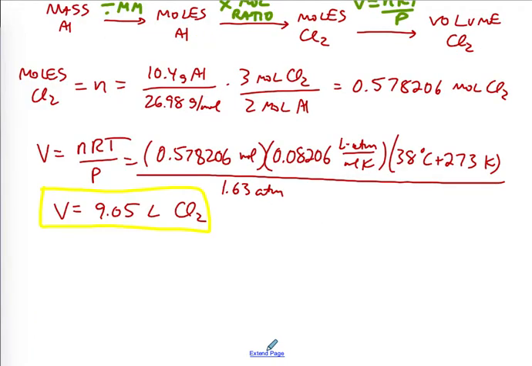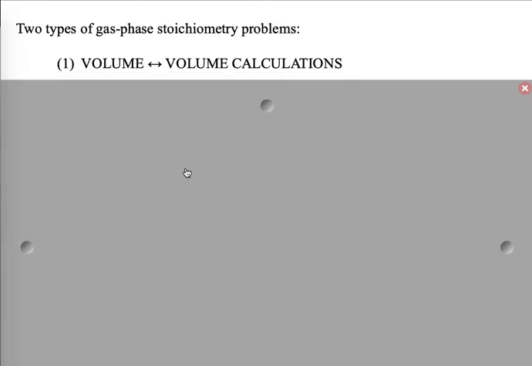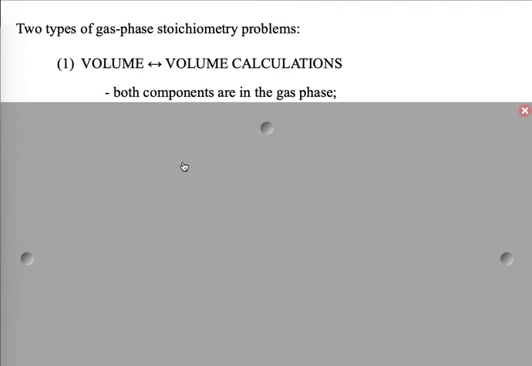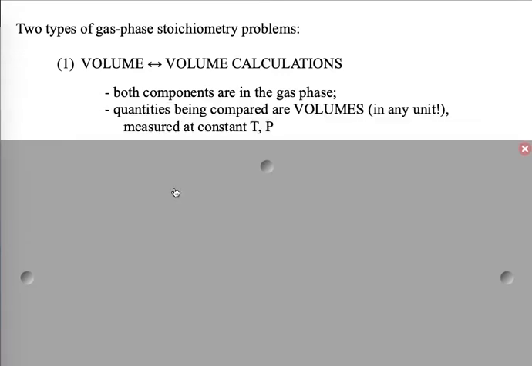So, to summarize, there are 2 types of stoichiometry problems that involve gases. The first we saw is a volume-to-volume calculation. Both the components must be in the gas phase, and the quantities that we're comparing are volumes of the gaseous components in any volume unit, measured at constant temperature and pressure.